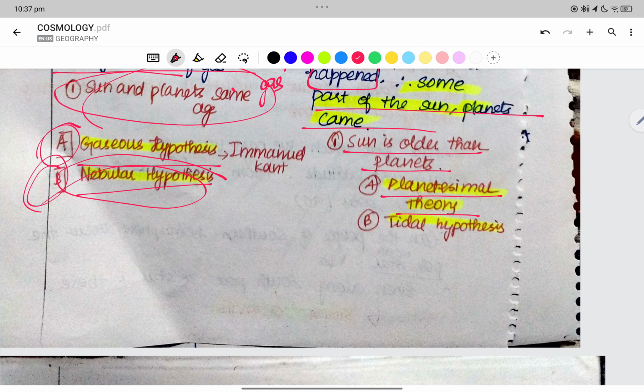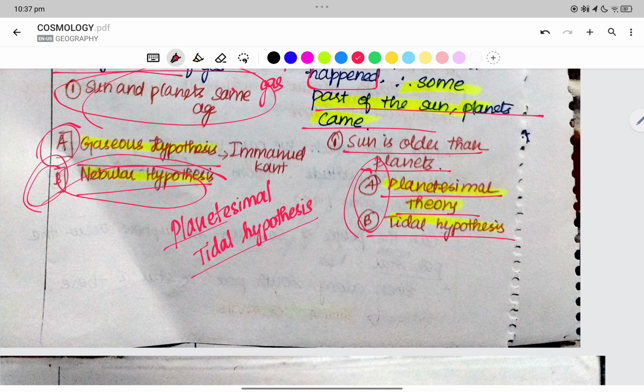For the catastrophic theory we have the planetesimal theory and the tidal hypothesis.